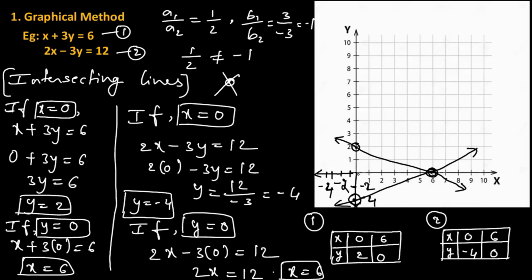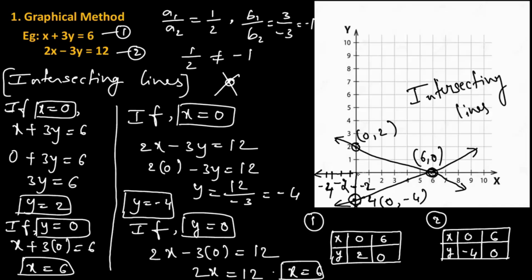So here it is 0, 2 and 6, 0, and it is 0, minus 4. These 3 points. This is the graphical method. So hence proved, these are intersecting lines. This is our first method.